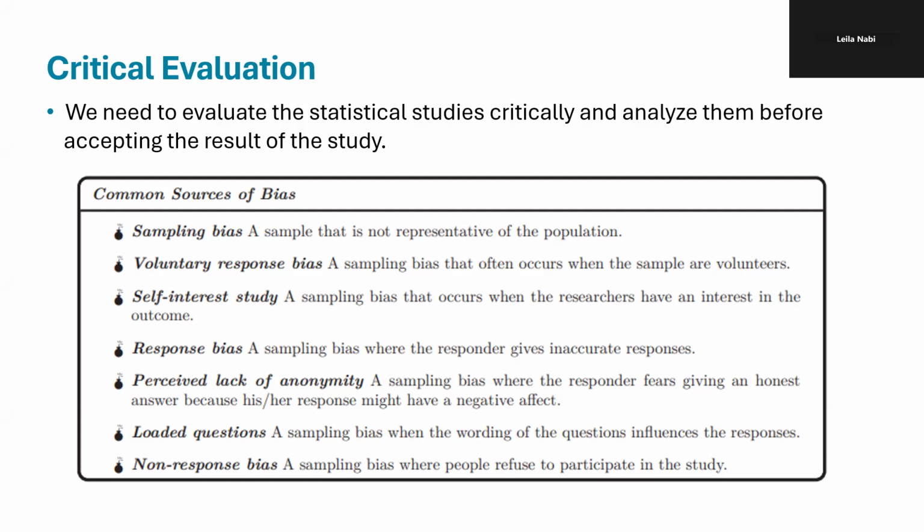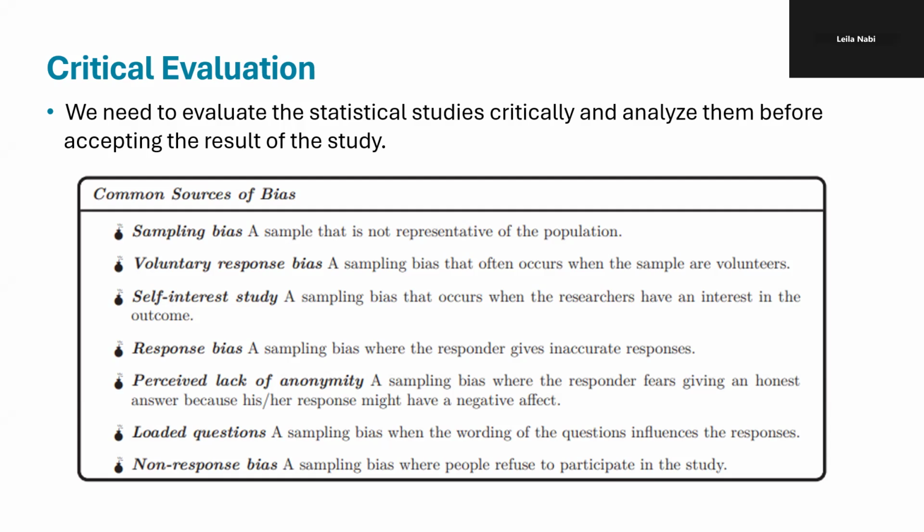Perceived lack of anonymity happens when the responder fears giving an honest answer because the answers might have a negative effect on their life. Loaded questions are a kind of bias when the wording of the question influences the responses. And non-response bias is also a sampling bias where people refuse to participate in the study.